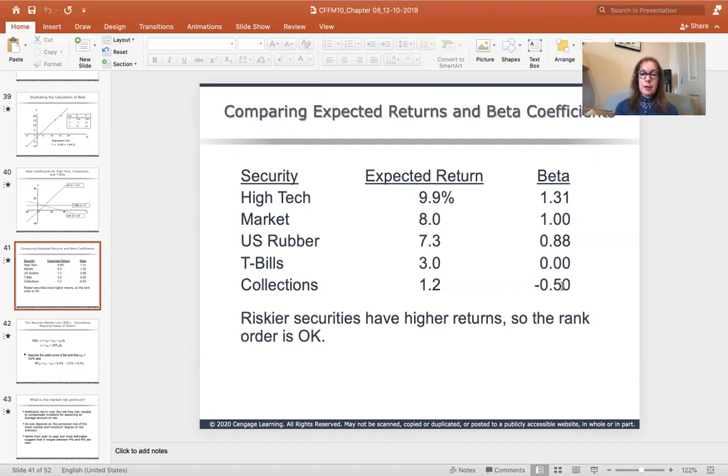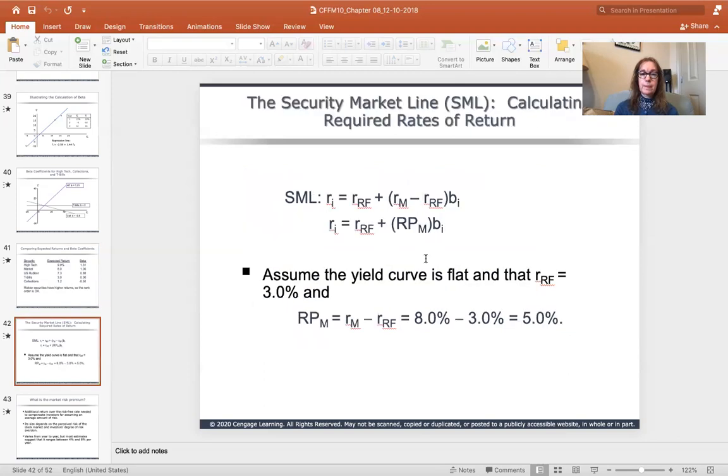If you see a negative beta or a really low beta, that tells you that it's a great stock to add to your portfolio for diversification, assuming that the returns are there, but the required return is better than the expected return. So here are the different betas. We see high tech is the most risky. Now we're going to calculate the required return for each of these. This was the expected return. So let's calculate the required return using the capital asset pricing model and see if these stocks are a good buy or not.